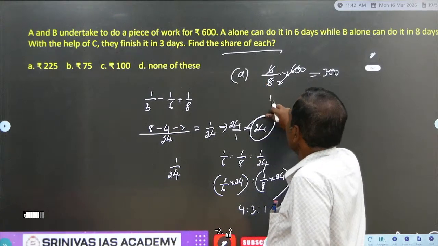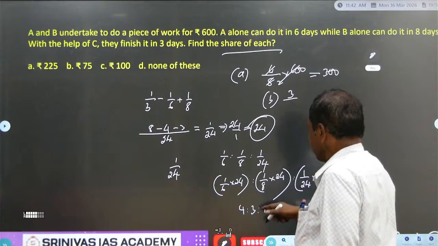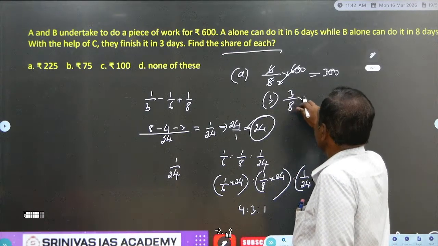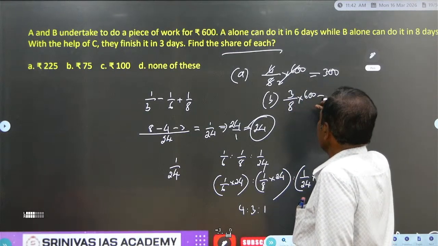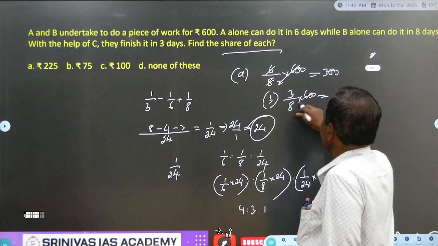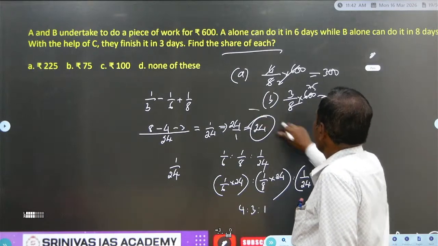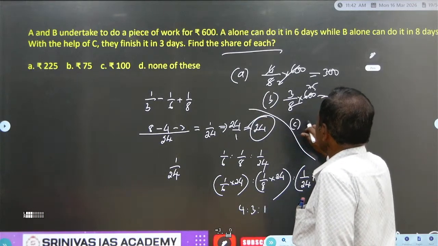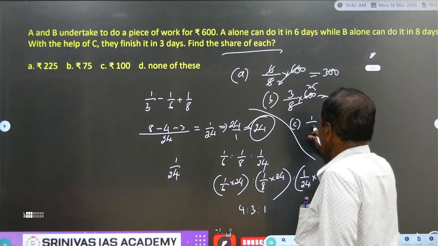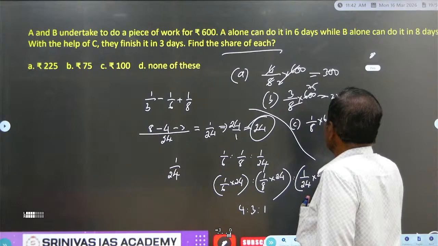A's share. This is B, you can say 3 out of the total ratios. How many? 8 ratios into 600. 225, like 8 7s are 56. 225, yes, you are right. Now C, but see, what is C's share? 1 by 8 into 600 is what? 75.